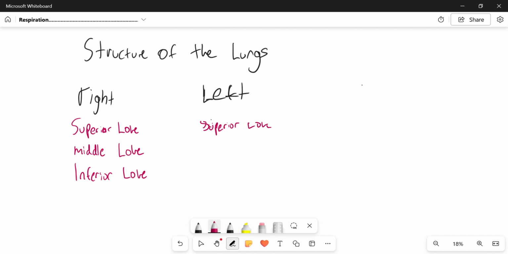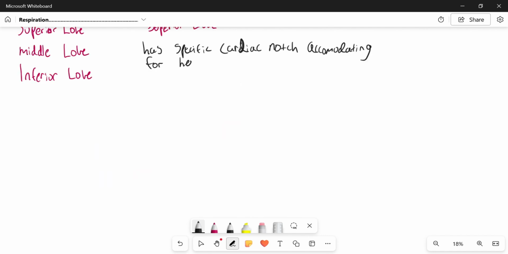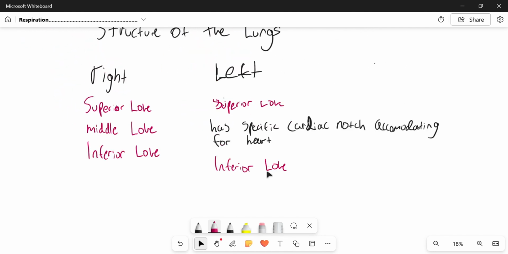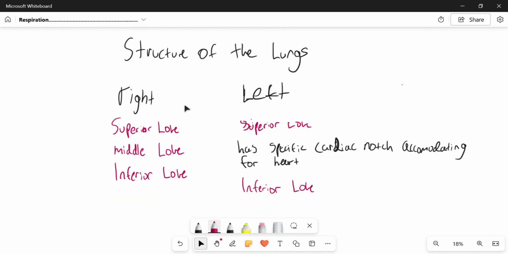However, it does not have a middle lobe because it has a specific cardiac notch accommodating for the heart. It does, however, have an inferior lobe. Okay, that's just a really brief explanation of the structure of the lungs. I just wanted to go over that before I moved on to the process of gas exchange.